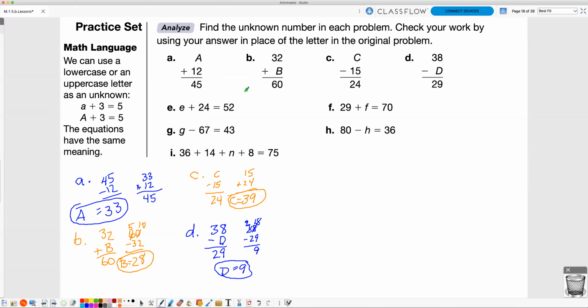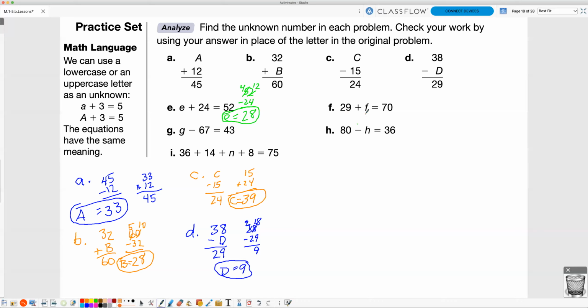I need to take 52 minus 24 to find out the value that's missing. So the E value. So 52, let's see, I need to borrow. This would be 4. This turns into 12. This would be 8. And this would be 2. So that means E equals 28 in this case.